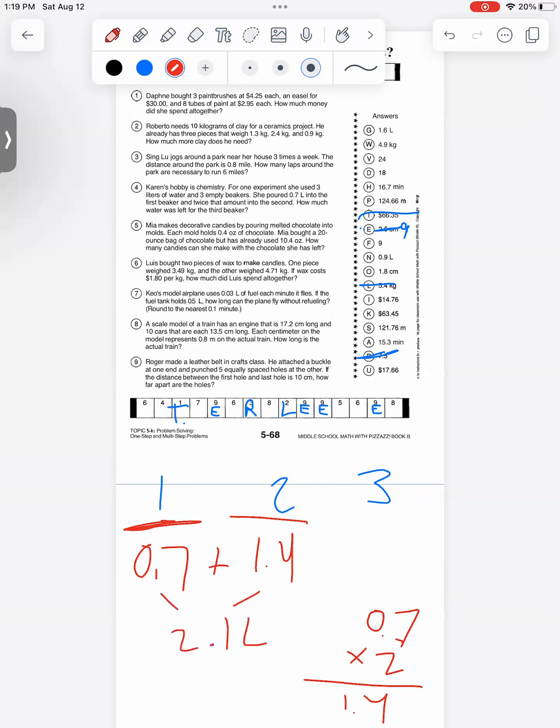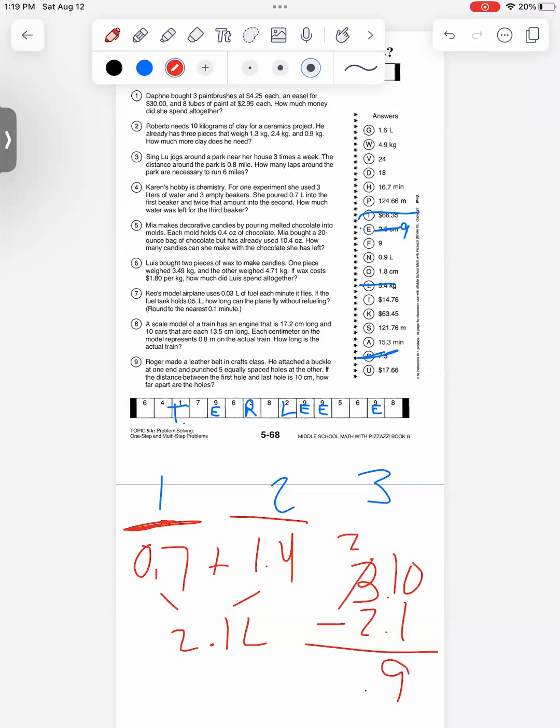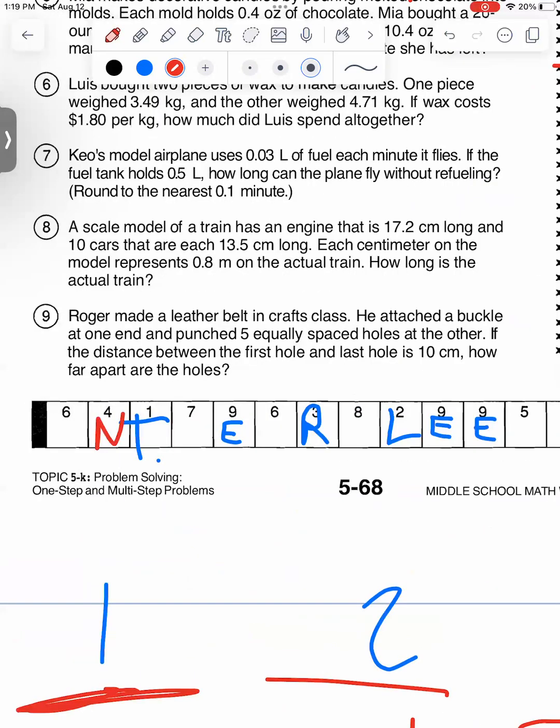Okay, that's an L for liters. So if she had 3 liters of water, how much is left for the third one? Well, we're going to take 3 liters. We can make that 3.0. Subtract the part she's already used, and that'll give us 0.9, 9/10 of a liter. All right, so 0.9 liters is N. So for number 4, we have an N.